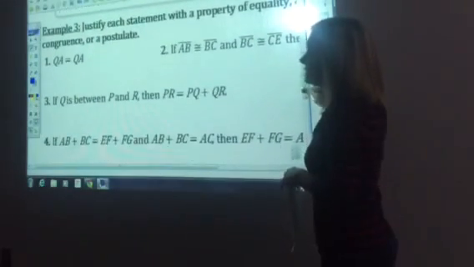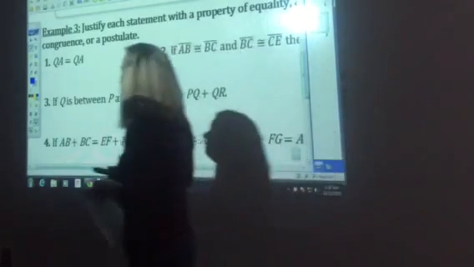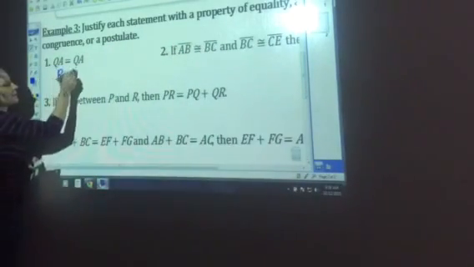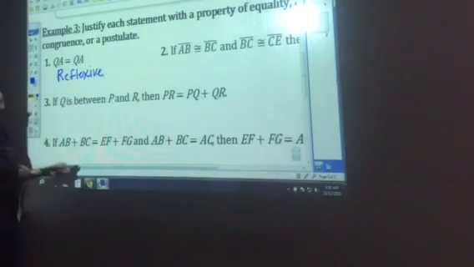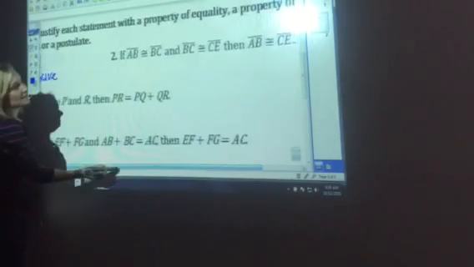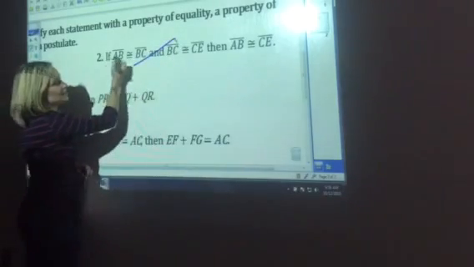You're also going to have something on your worksheet where I'm going to ask you to state the property. For number 1, QA is equal to QA, that would be the reflexive property, the same on both sides. Number 2 says if AB is congruent to BC and BC is congruent to CE, then AB is congruent to CE. Again, they cut out the middleman right here. So yes, it's the first and the last.